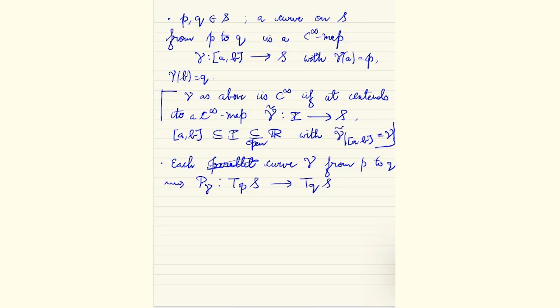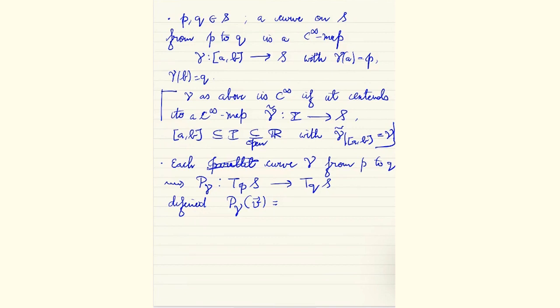How is it defined? What is the action of P gamma on a tangent vector at P to the surface? Given your gamma and given points P and Q, you have that Q is gamma of some T naught.